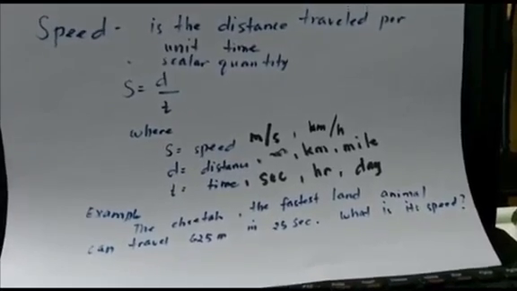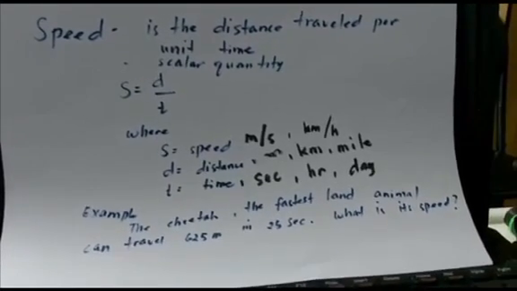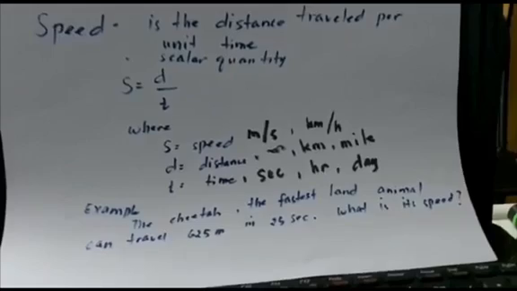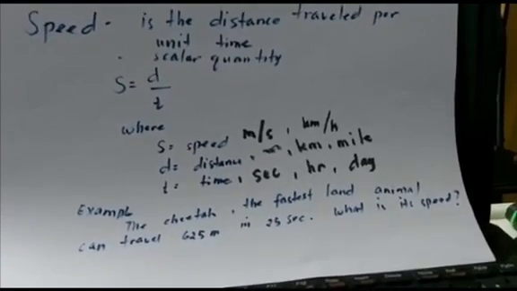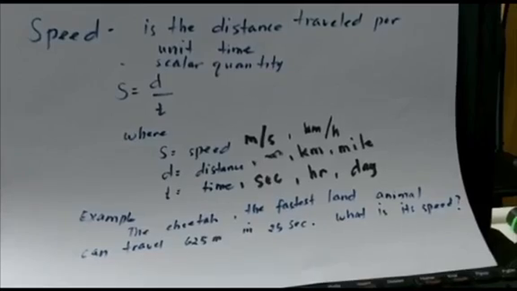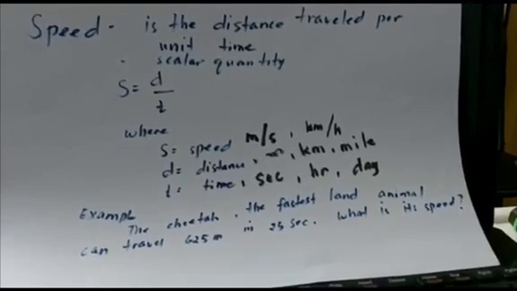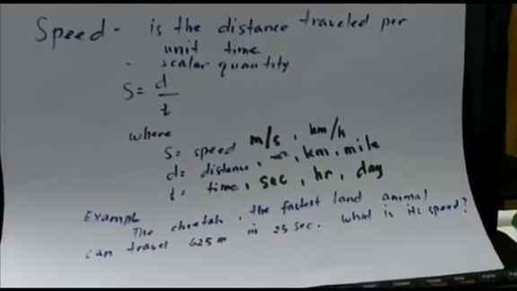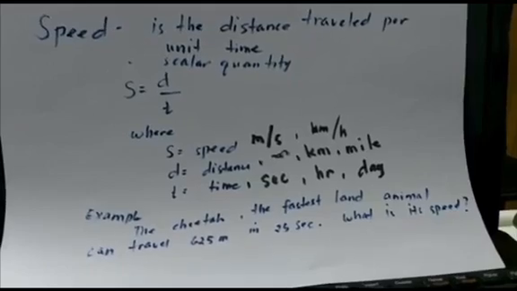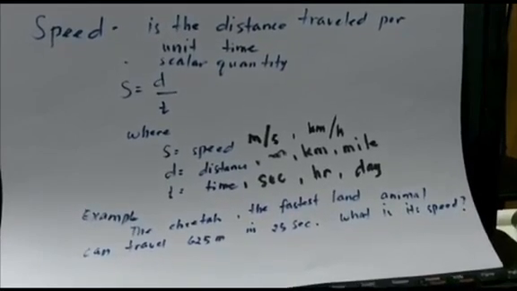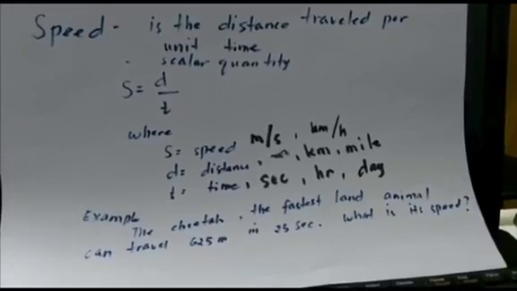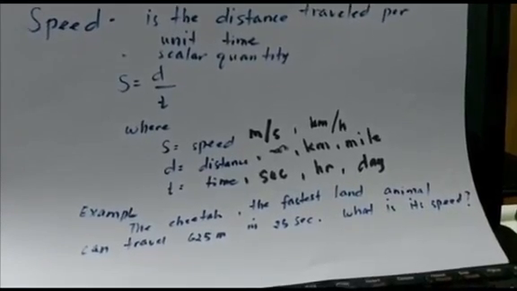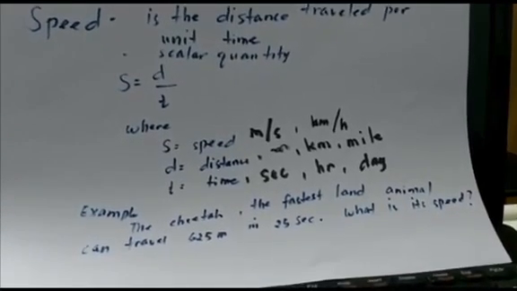Now, in expressing the concept of speed, it is necessary for us to describe units. For distance, if our unit is meters, we can also have kilometers and miles. For time, we can have seconds, hours, and days, or any appropriate unit for time. From the units of distance and time that you use, you can derive the unit for speed.